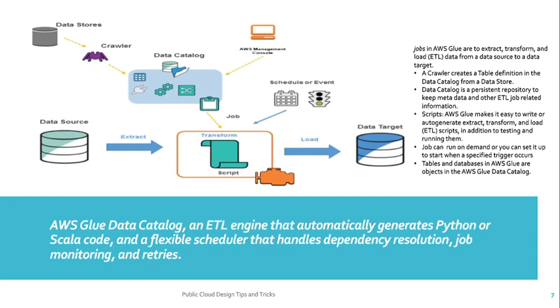If you try to understand the internal architecture of AWS Glue, then this is what will come to the picture. It contains multiple components like crawler, data catalog, jobs, data source, data target. As you can see here, you have a data source, and you have to transform the data to your data target. So how does the workflow work?